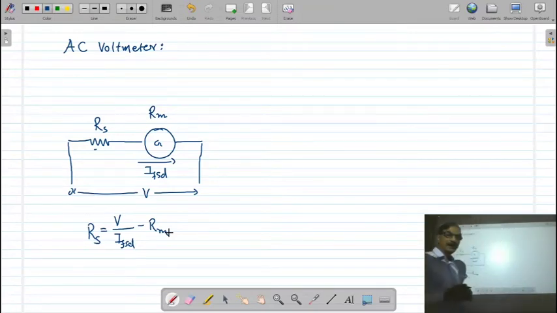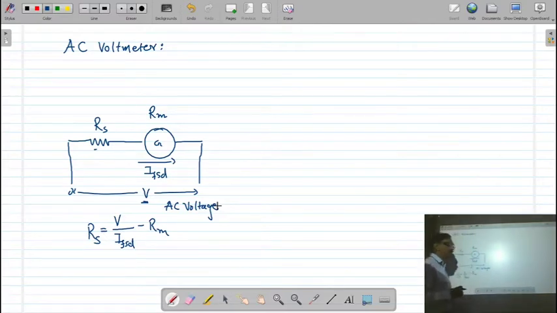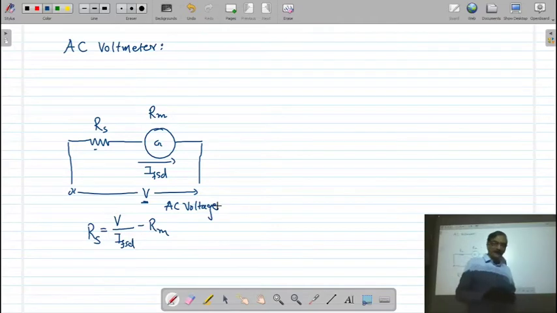But now, if I apply an AC voltage at this input, what will be the deflection in the meter? Understand that the galvanometer we have is measuring the average value of the voltage or the average value of the current.